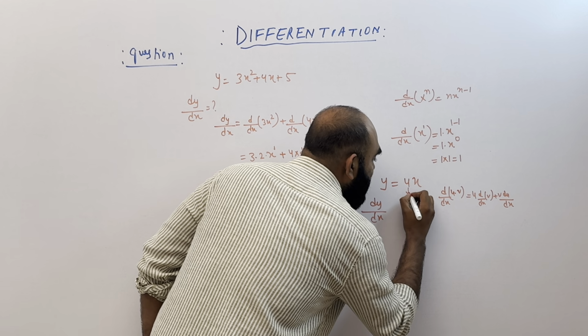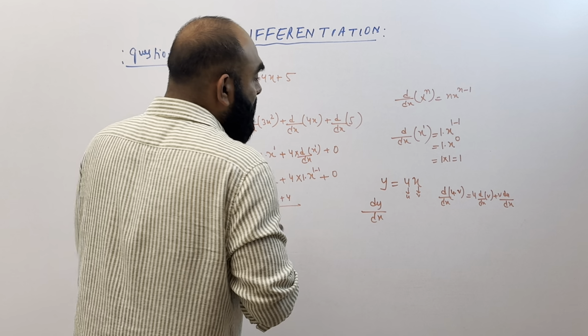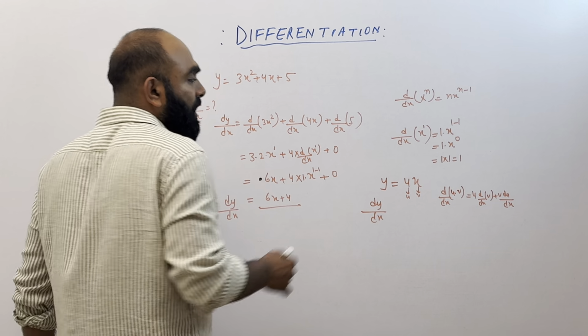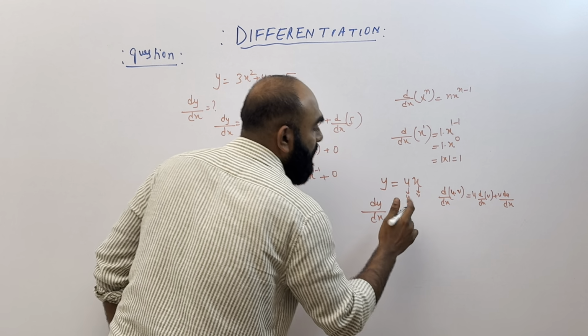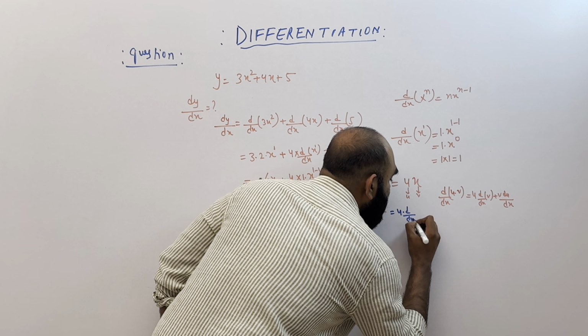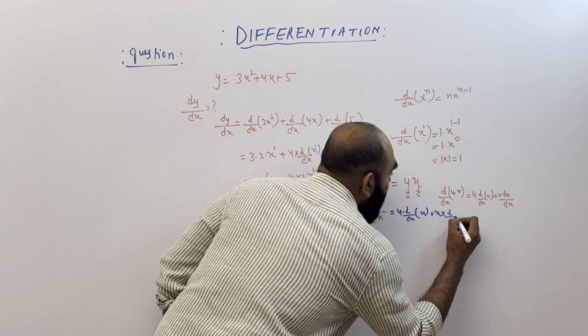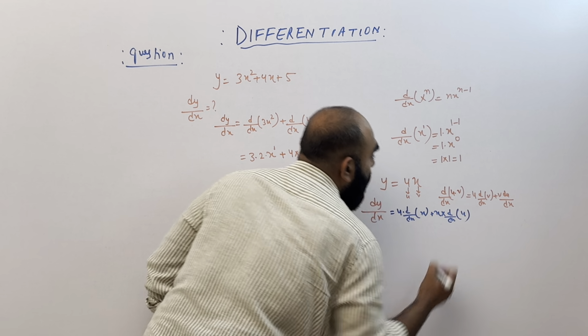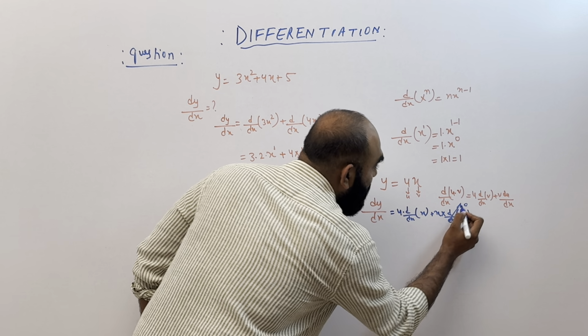If you take 4 as u and x as v, then leave the u, differentiate v: 4 into d by dx of x, plus leave the x, differentiate 4. Constant differentiation is 0, so this part is 0.